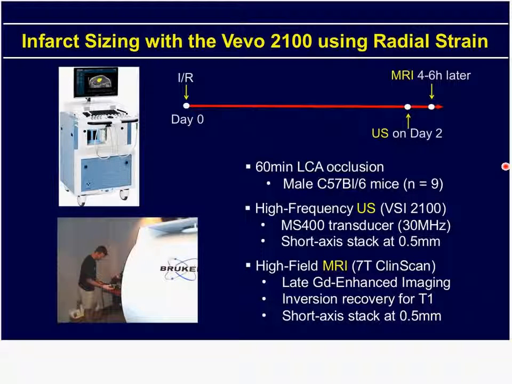Our concern with M mode is that it's undersampling to a very great extent, and so it will be entirely dependent upon what line you're querying, whether you're inside an infarct or outside the infarct, and without knowing where you are relative to the infarct, you could be deceiving yourself. Right. Okay.